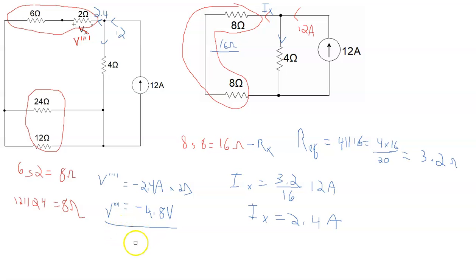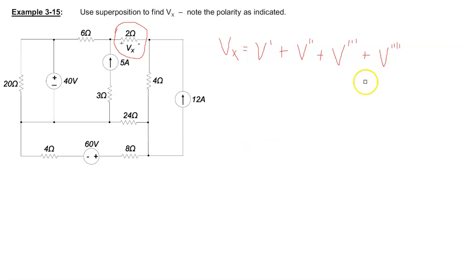And so now let's go back to our original circuit then, and this is it, right? And remember now that Vx has a contribution by each of the 4 sources, and we calculated them individually. For V prime, we had plus 4 volts. For V double prime, we had 3 volts.